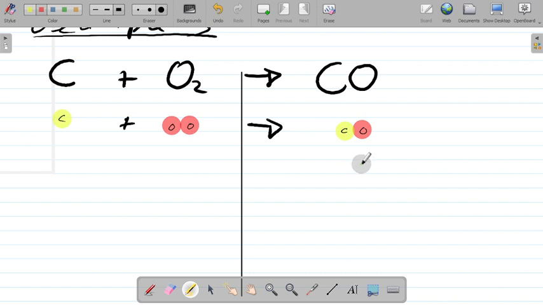So I put an oxygen here. The rule is I cannot put just an oxygen there. Why? Because it is bonded to a carbon. So I must put another carbon monoxide molecule over there. Now I have two carbons on my product side and then two on my reactant side. All well and good. Perfect.